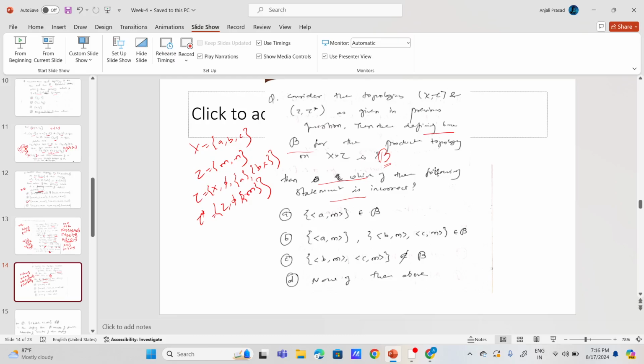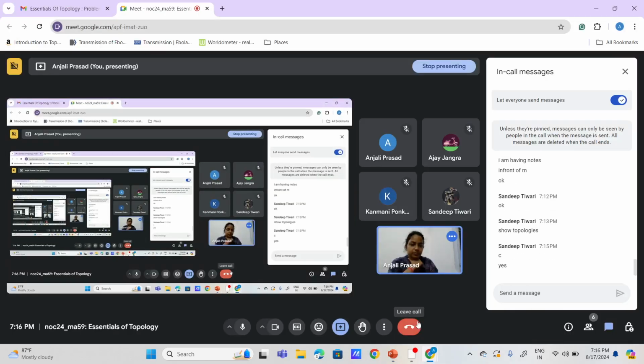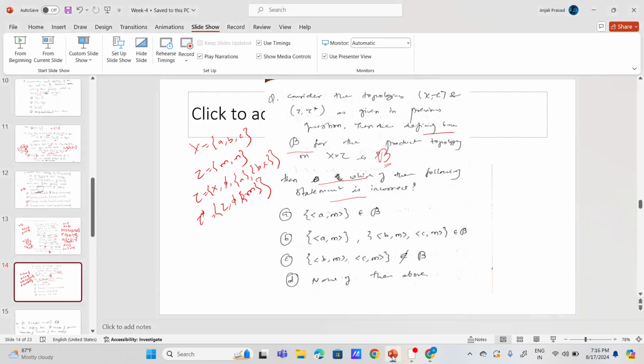Have you got the basis for the product topology? Others, what are you getting? Okay.